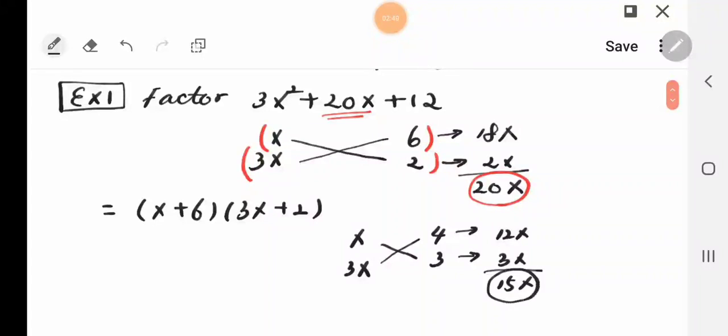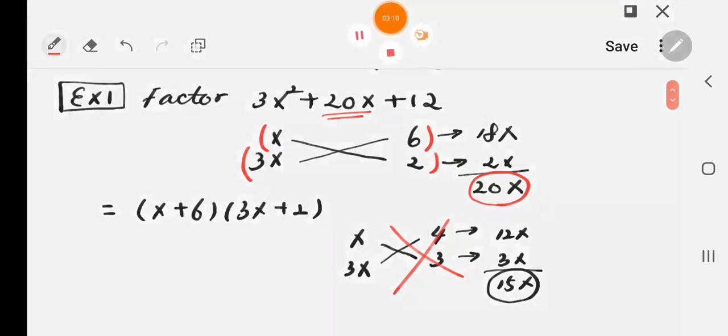Now this sum is different from the second term, so this is not the right combination. If a pair is not working, then try a different combination until we have the match. This may take time, but if you try many questions, then you can find the match very easily.